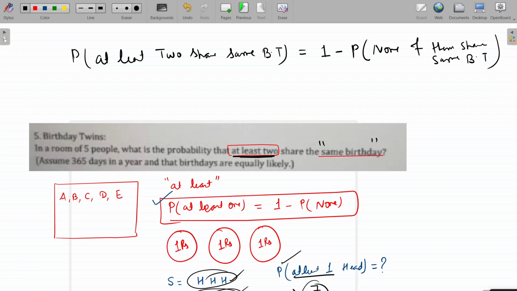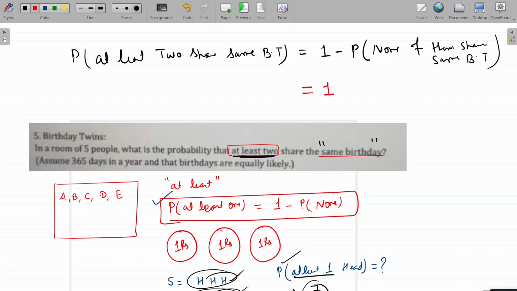If you remove this case, then in the remaining part either two, three, four, or all five will have the same birthday. So in place of counting all those cases, we are just calculating that no one has the same birthday. Are you getting this first advantage?